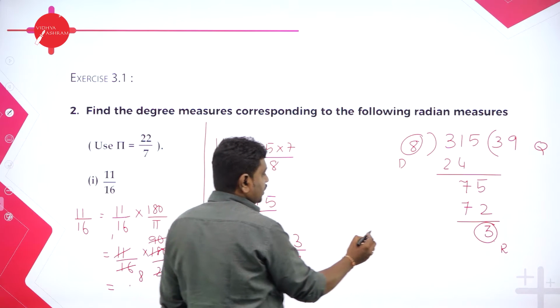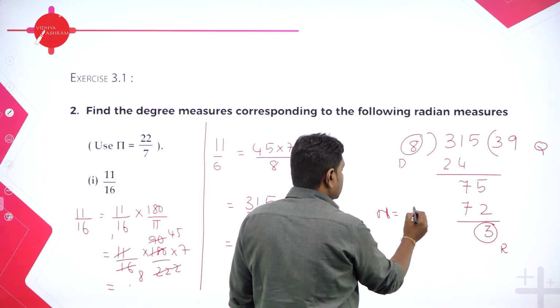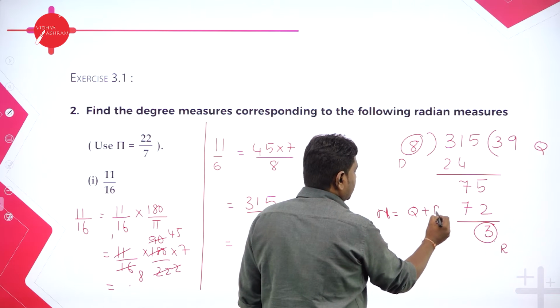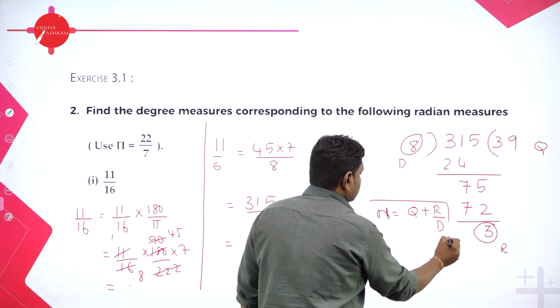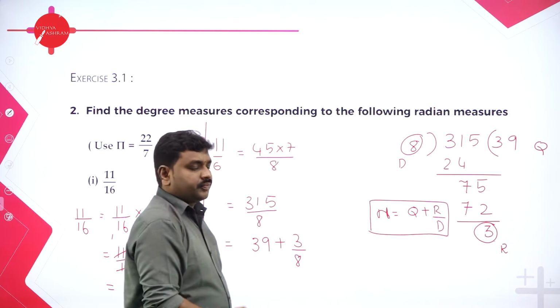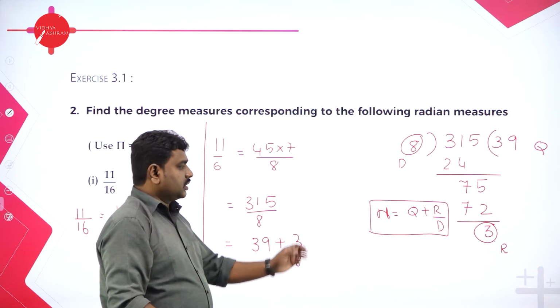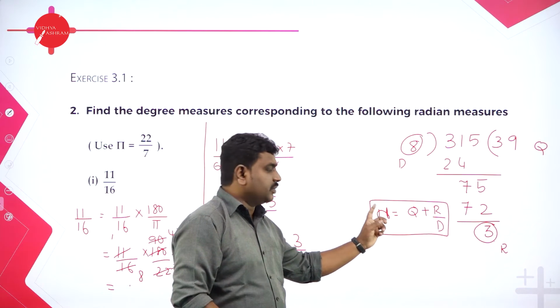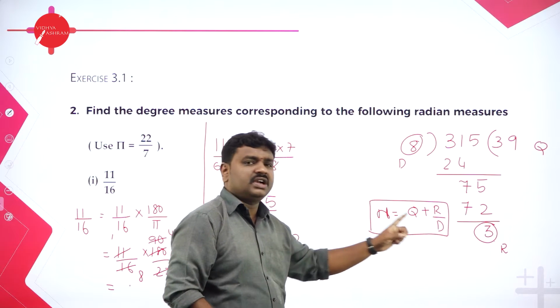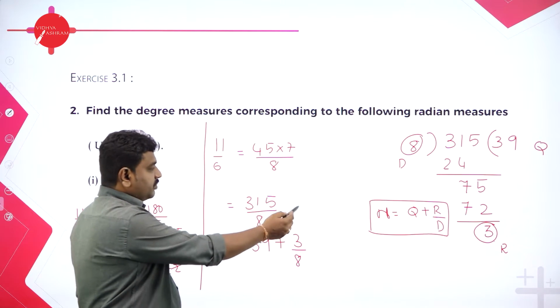So remember, a given number can be written as quotient plus remainder by divisor. You know this is the basic of algebra, or this is a basic of number theory. Any fraction can be written like this.